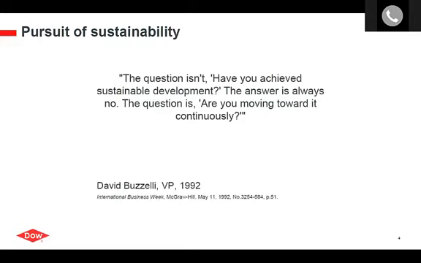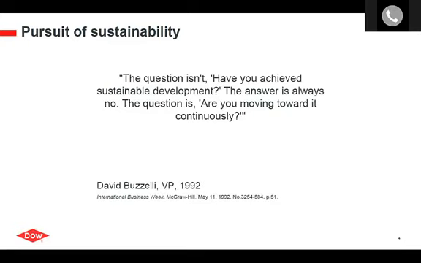I've picked one from Dow's past, from Vice President Dave Buzzelli, as quoted in a 1992 cover story of the International Business Week magazine, just before the Rio Earth Summit. This quote captures well the need and reality to continuously quest for what is more sustainable. Perhaps an uncommon thought and focus in 1992, a more common and well-recognized one today.